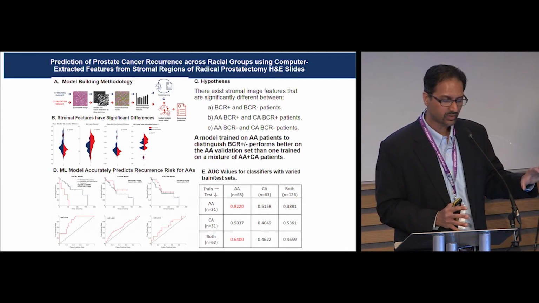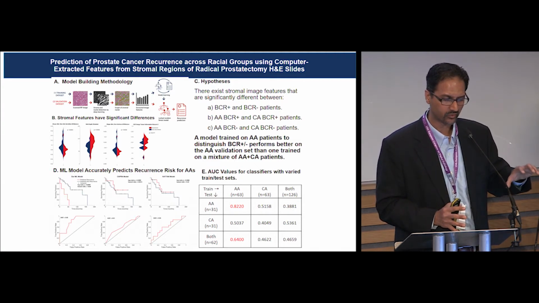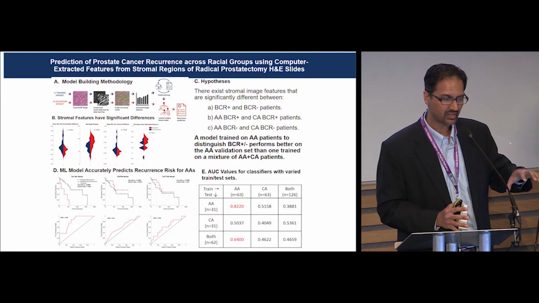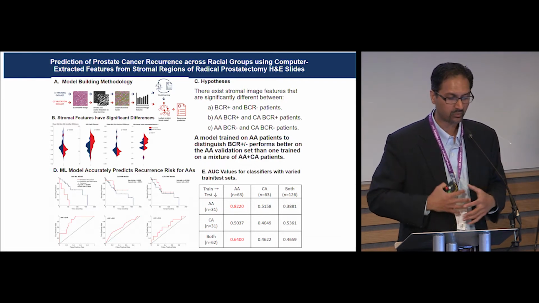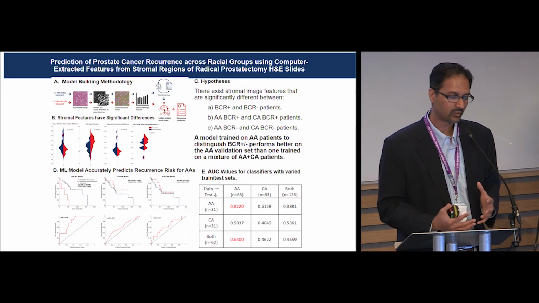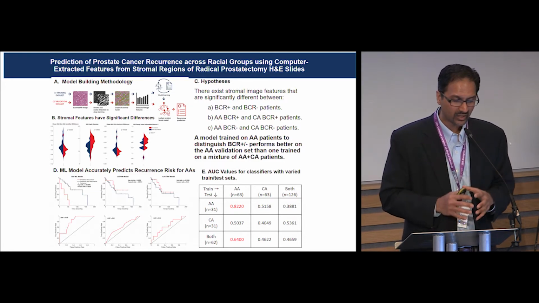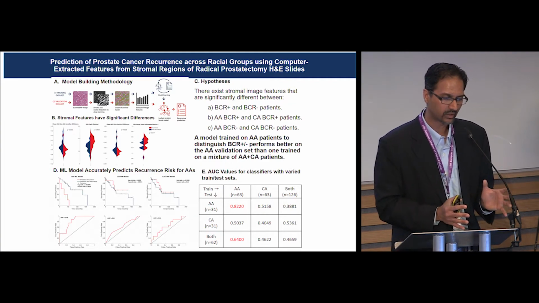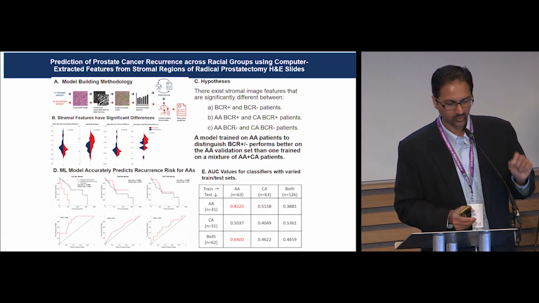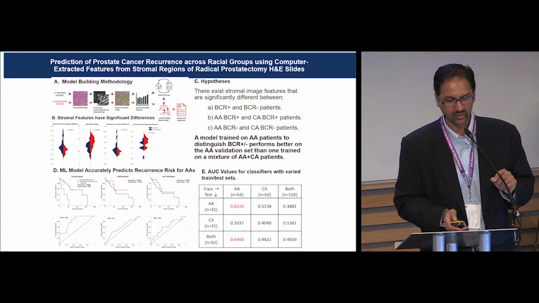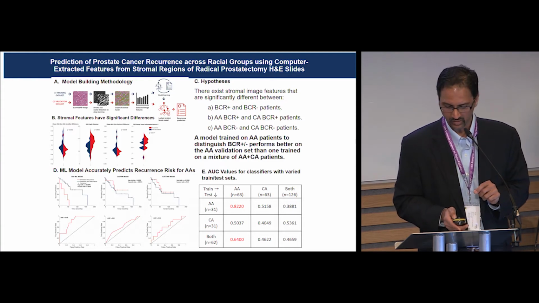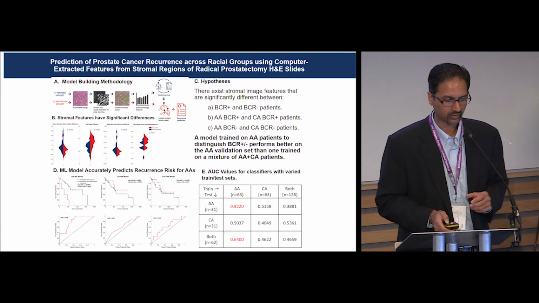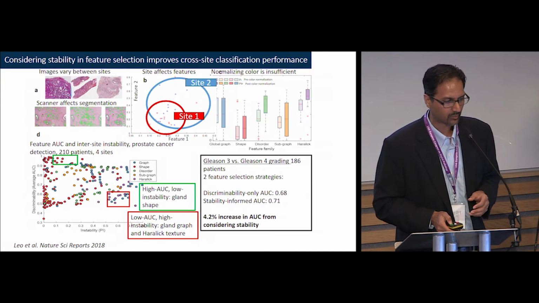When we created a dedicated population-specific model of outcome in these prostate cancer patients, we could much better predict recurrence compared to a model where we combined both the Caucasian Americans and the African Americans. This suggests that stromal morphology is important, but also that considering population-specific differences might be very, very critical as we develop these prognostic and predictive models.